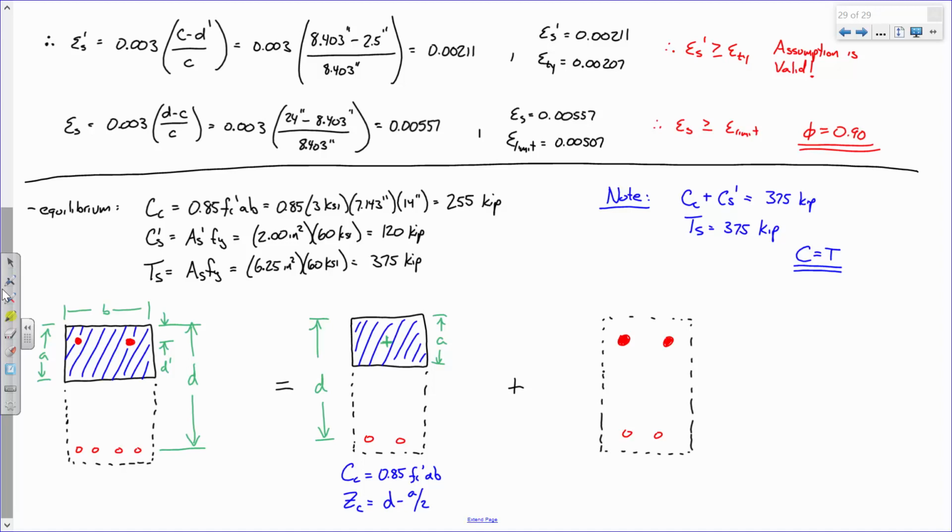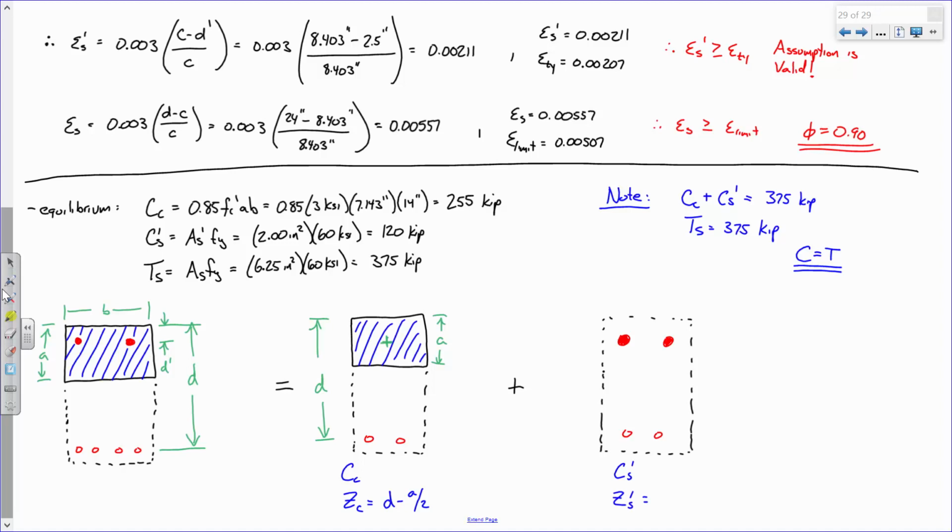Now, how about this one? Our compressive force is As prime Fy. Well, actually, to keep it simple, we already computed this, so we can just recognize that it's Cs prime. What about our moment arm? I'm curious if anybody can tell me what this moment arm is going to be.